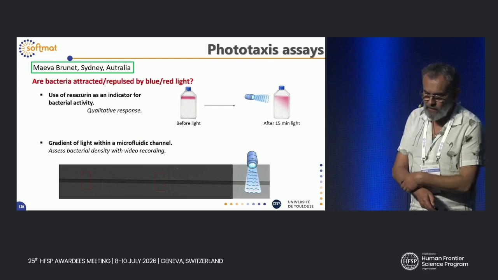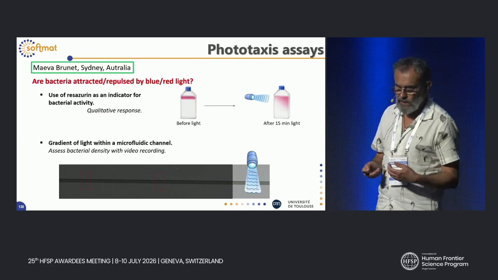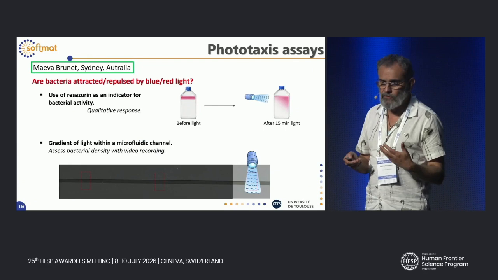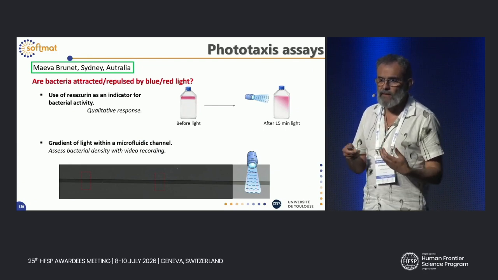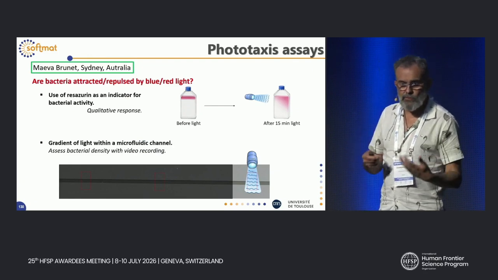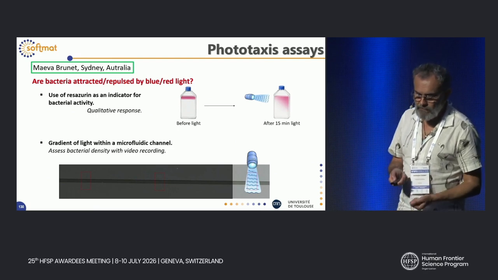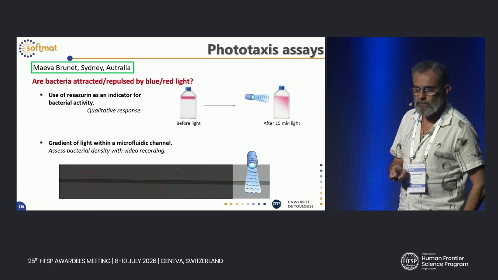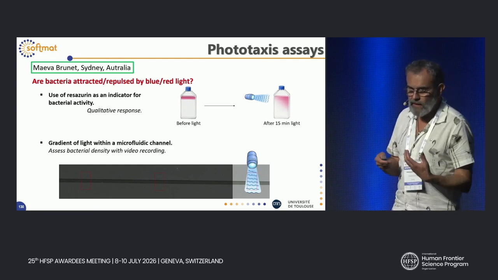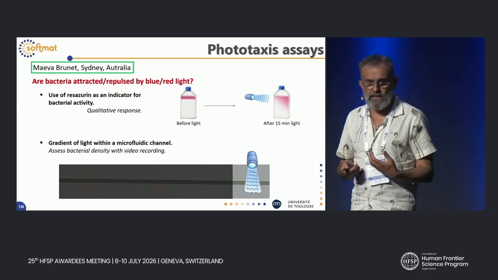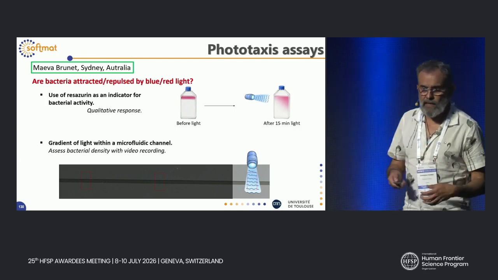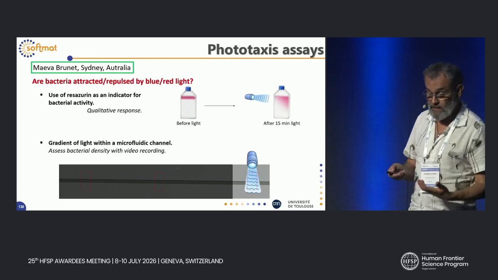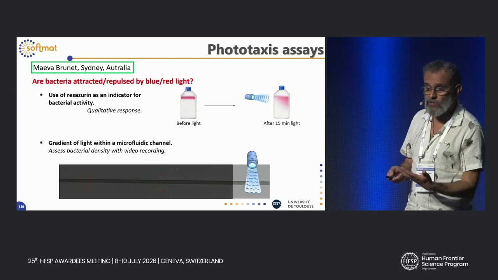The next step is to go to phototaxis. Again, this is the Australian group, which is trying to find a way to see whether the bacteria are thriving with the light or not, and if they are active in terms of metabolism. So they use this very simple resazurin test, resazurin being something that can be reduced easily by the bacteria. If the bacteria are really metabolically active, then they will change the color of the medium.